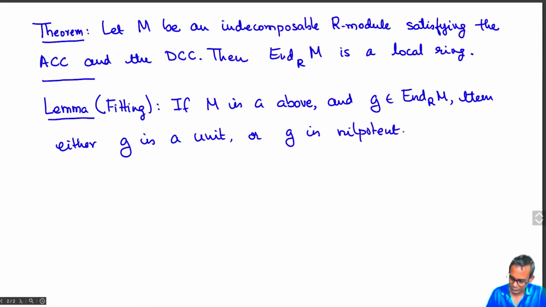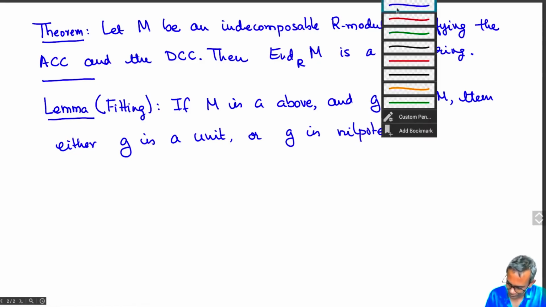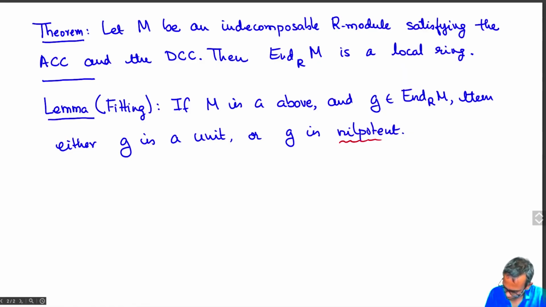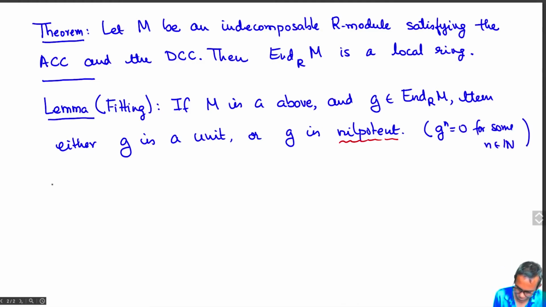Recall that nilpotent means that g^n is equal to 0 for some n belonging to N. Some power of g vanishes. So let's prove Fitting's lemma.